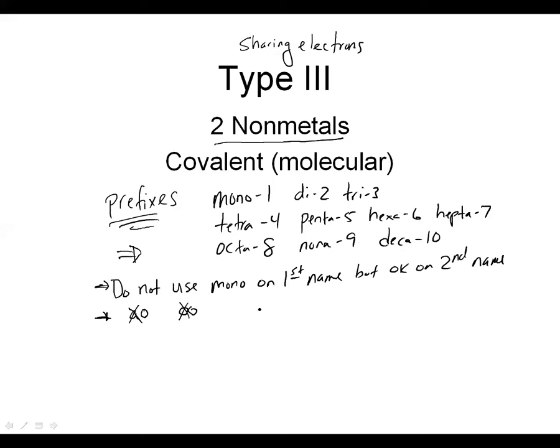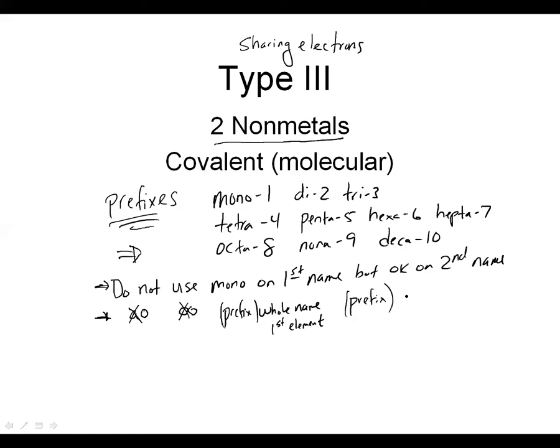And basically how we name these is we use the whole name of the first element and then the appropriate prefix if needed. And then we use the prefix for our second element.